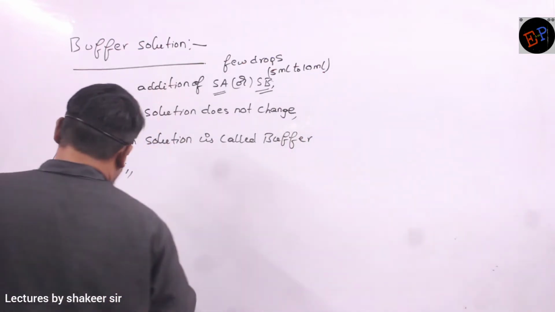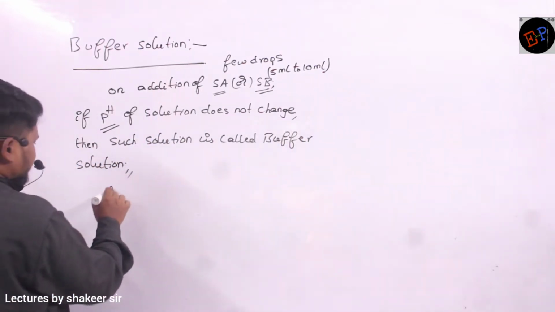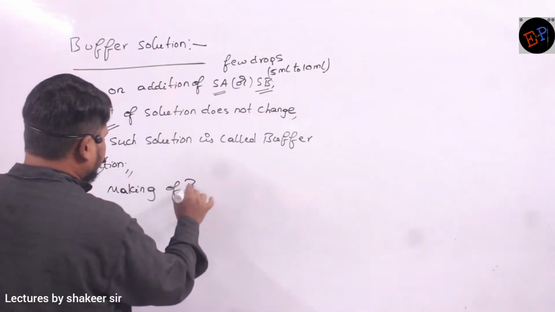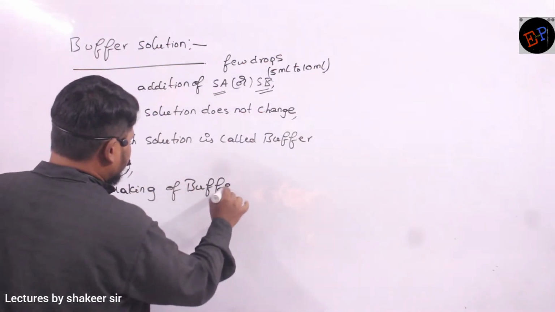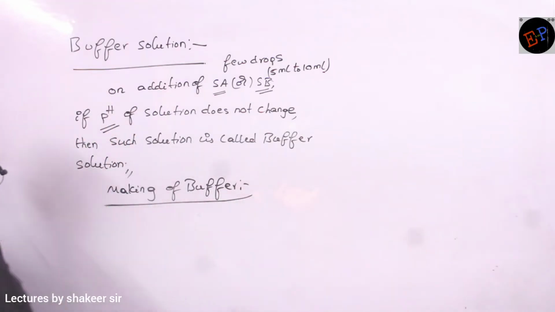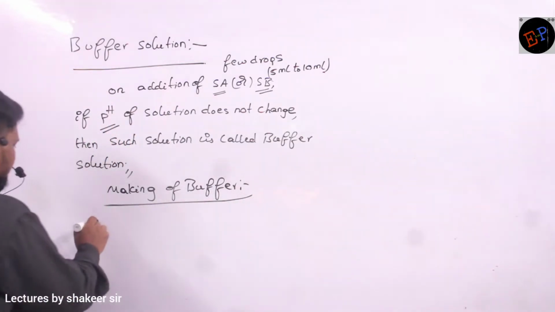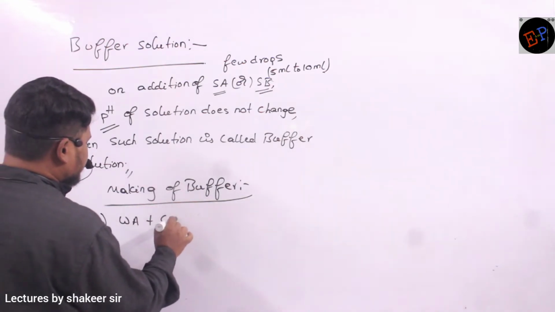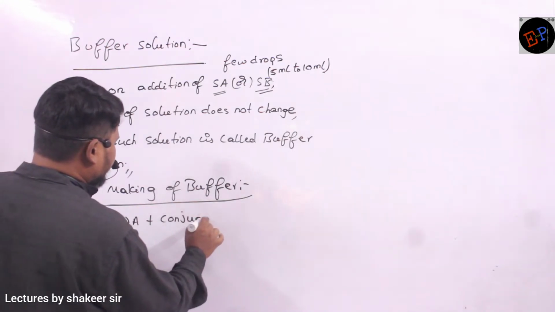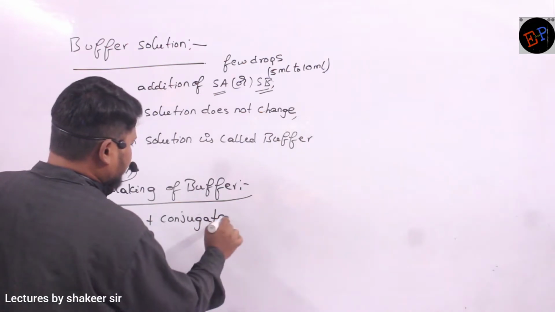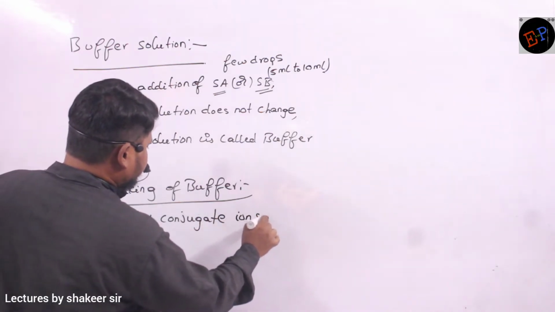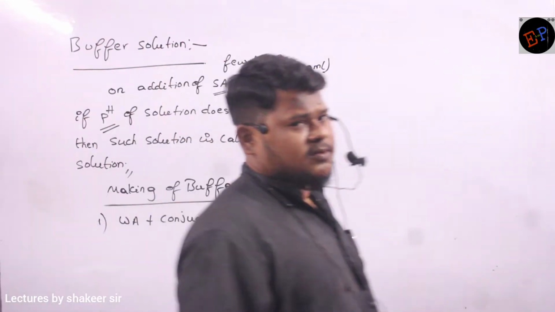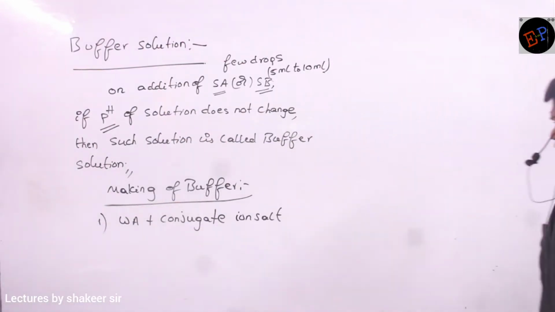So, how can we make a buffer solution? Let us see. Making of buffer. Buffer solution can be made in one condition. First of all, you take a weak acid plus its conjugate ion salt. If you take this aqueous solution, then it behaves like a buffer.